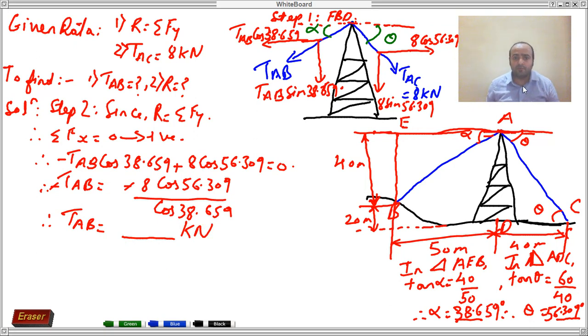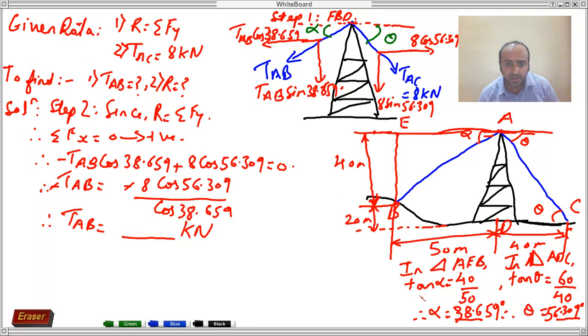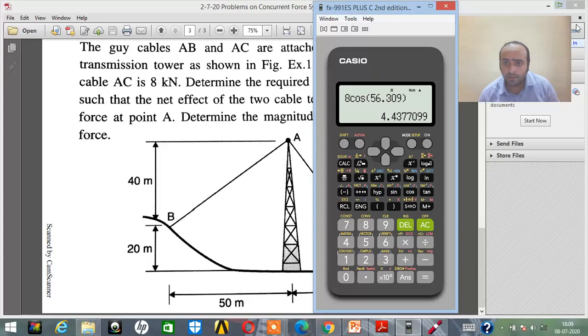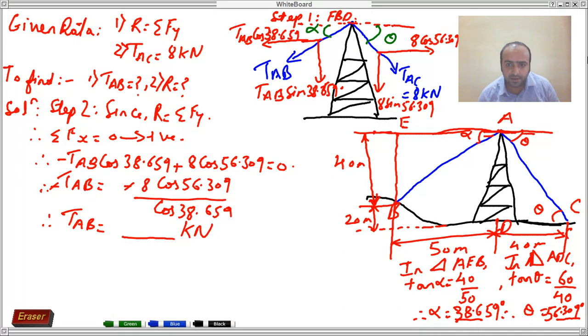Now friends, we'll go ahead with the calculation. It will be 8 cos of 56.309 divided by cos of 38.659.